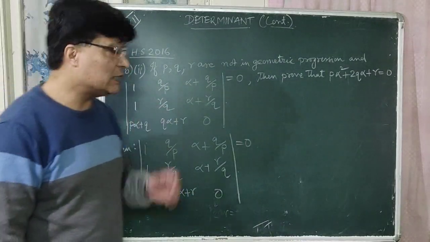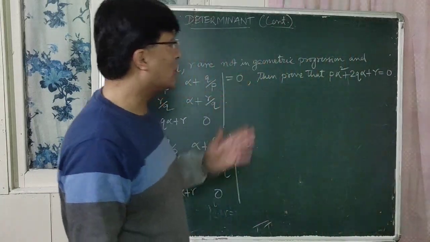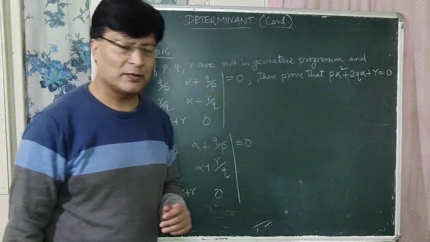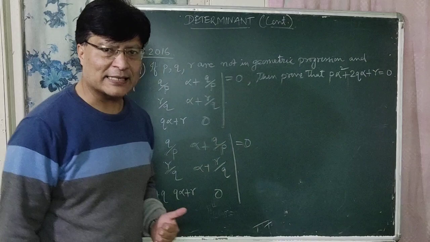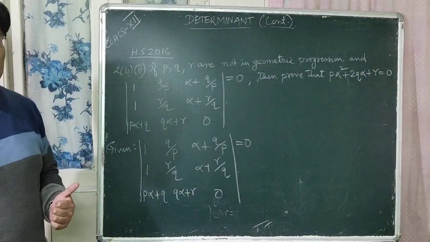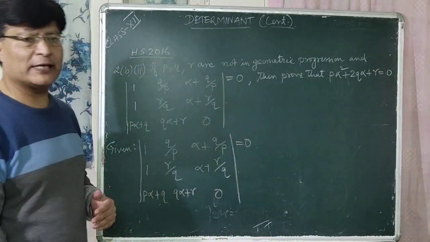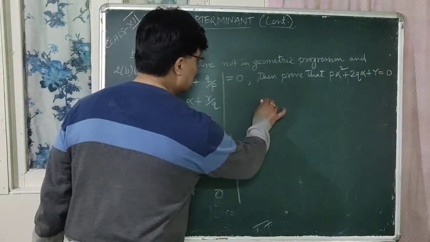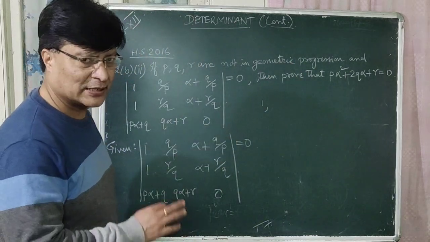Okay. Now in this case, first of all, you should know the meaning of geometric progression. What is geometric progression? I already told you that it is already done in class 11. So I am again explaining what is geometric progression, right? Suppose there is a series. Progression means it is a series, right?